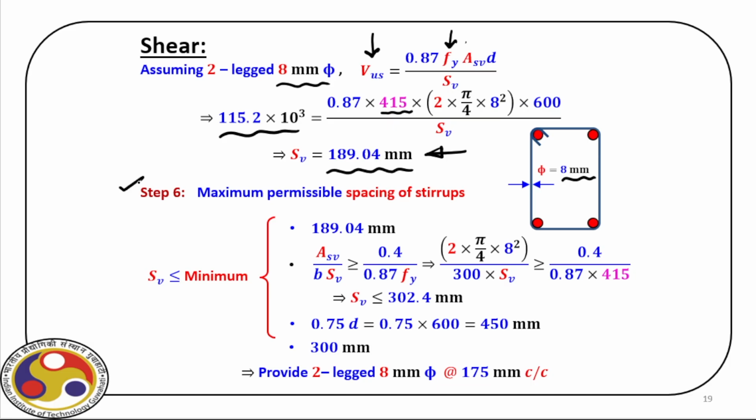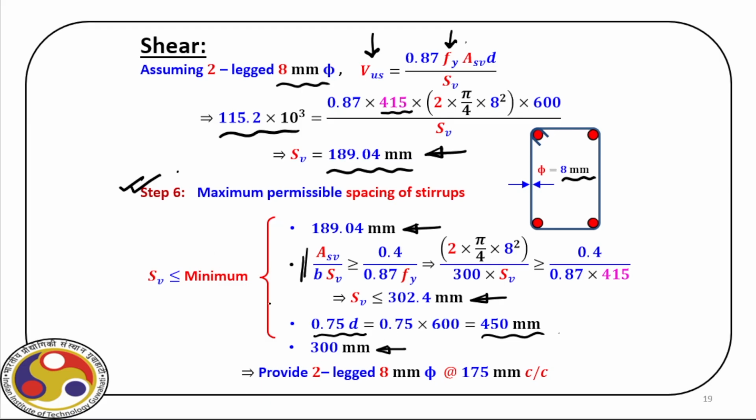Then finally what we have to do, we have to check the maximum permissible spacing of the stirrup. So the first one is 189.04. Then using this expression we find out the shear spacing, which is 302.4. Then for this problem it is 0.75D, which is 450 millimeter, and finally 300 millimeter is the limit, that is the fourth option.